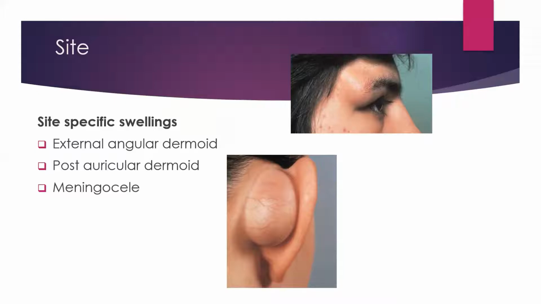These are site specific, as well as cystic hygroma, which commonly occurs in the neck. So these swellings are site specific.